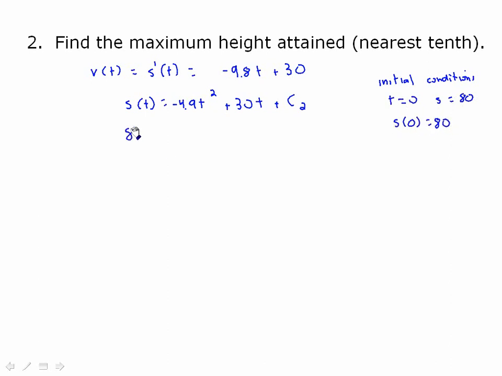So therefore, s at 0 is equal to 80. That gives us enough. 80 is equal to negative 4.9 times 0 squared plus 30 times 0 plus C2, that'll make life easier. And then our C2 is going to be equal to 80.